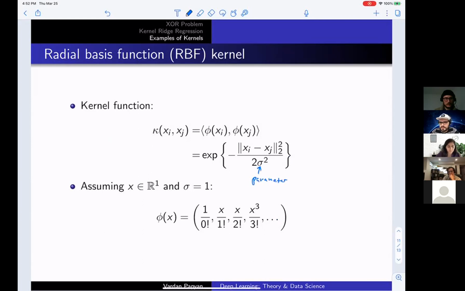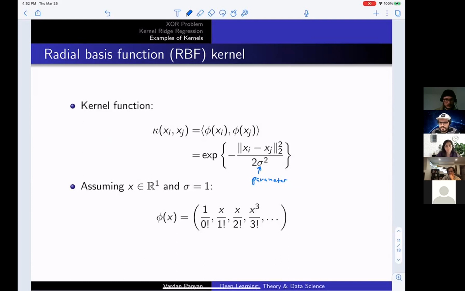Very simple function to calculate. What is the complexity? Linear in the input dimension. Just subtract two vectors, calculate the L2 norm squared, exponentiate. Very simple.